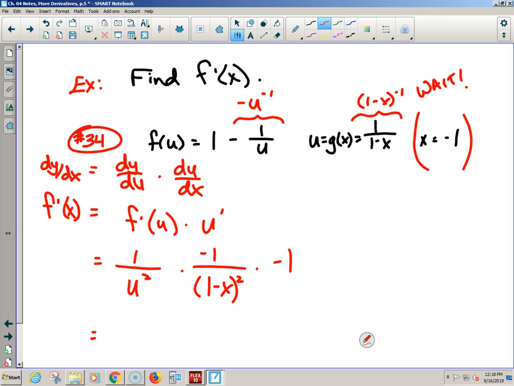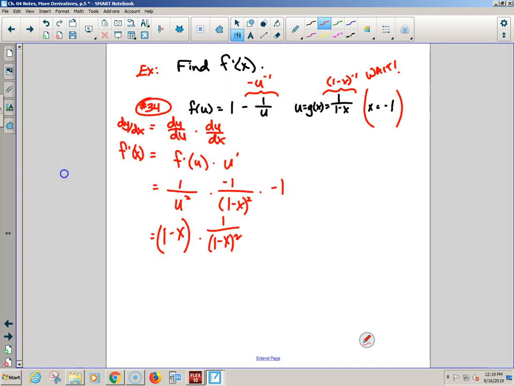Awkward. Can I just do 1 over 1 over as a reciprocal? Is that okay? So I have 1 over 1 minus x is just 1 minus x. And then a negative times a negative is a positive, and then 1 over 1 minus x squared. Oh, wait a minute. And yeah, can't I just reduce them?